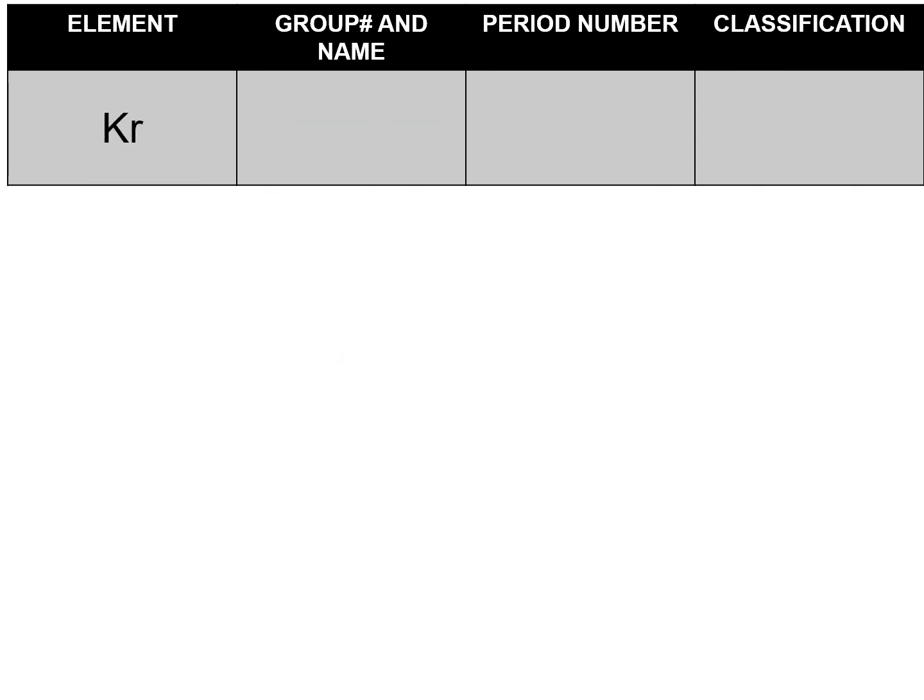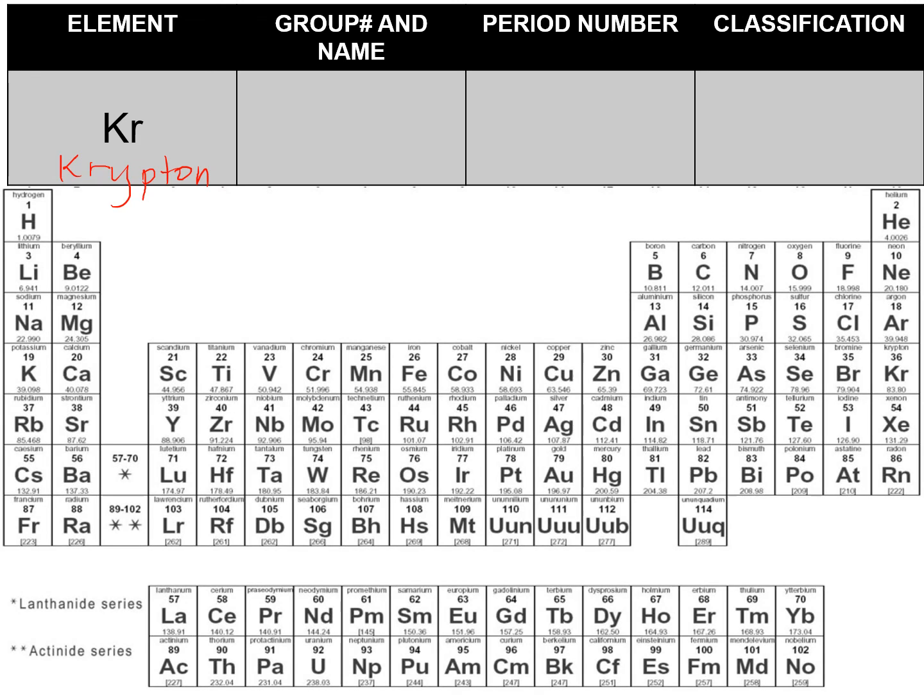Next. Example. Kr. So, Kr is krypton. Okay? So, hanapin natin si Kr. Ito si krypton. I-highlight natin siya. Ayan si krypton. So, ilagay ulit natin yung numbers.